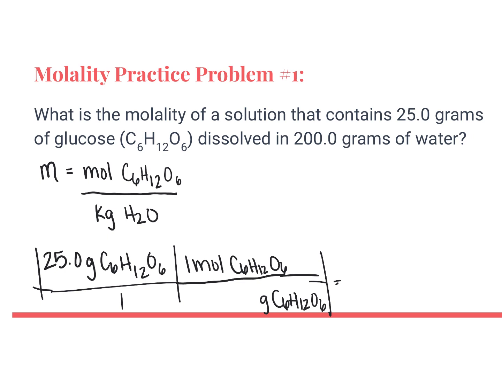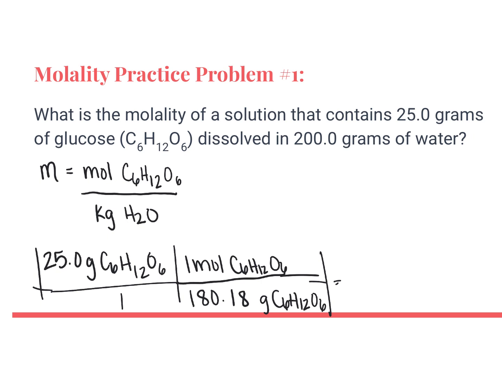Anyone have a molar mass of glucose yet? I think you should be in the 180 range. You should be getting 180.18. So divide 25 by 180.18.